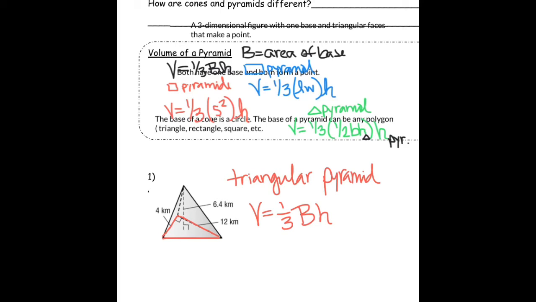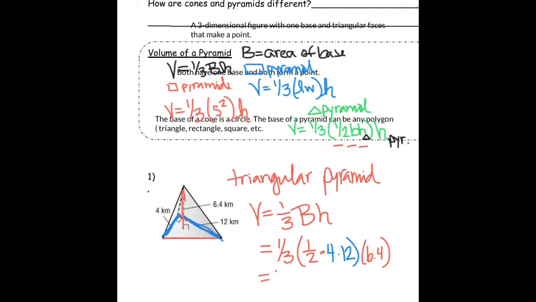Well, the base of this shape is a triangle, so I have 1/3. The way that I find the area of a triangle is 1/2 times the base times the height. So 1/2 times the base of my triangle, 4, times the height of my triangle, 12, all multiplied by the height of my pyramid, 6.4.